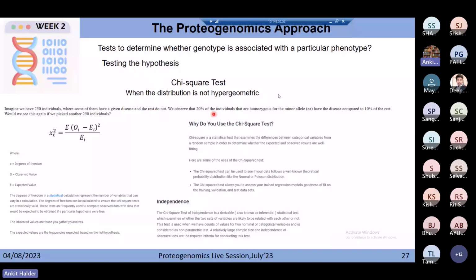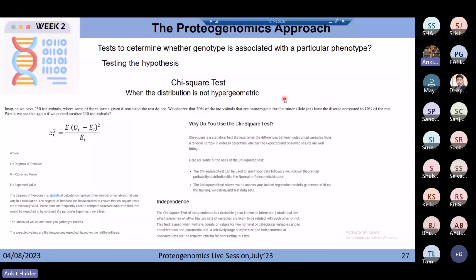Among those, you observe that 20% of the individuals that are homozygous for this minor allele have the disease, compared to 10% of the rest. So if you now pick these 250 individuals again, what is the chance that it would follow the same pattern? Here your numbers, your options, are not limited or the same. So this data is not hypergeometric.